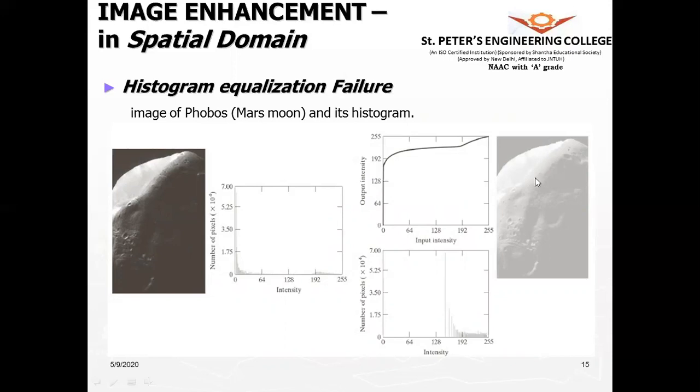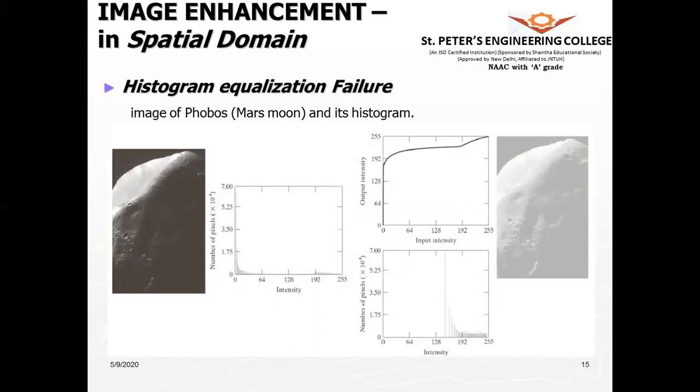This is the equalized image, and it appears more blurred and is not proper. As I said, histogram equalization will always try to push the values towards the brighter region. So this lower region is pushed into the brighter region.